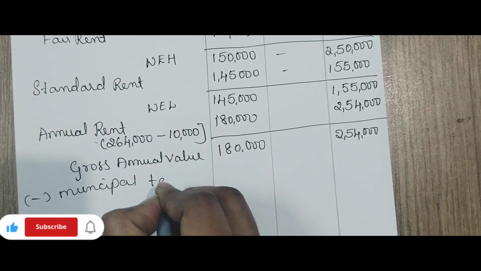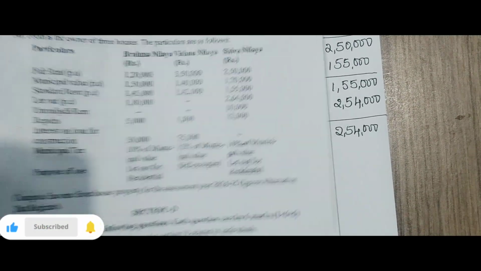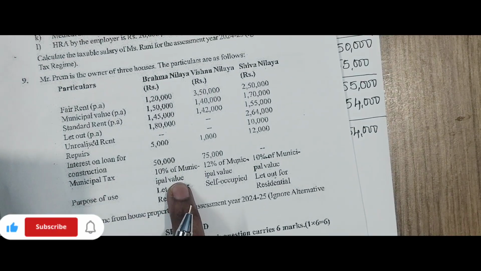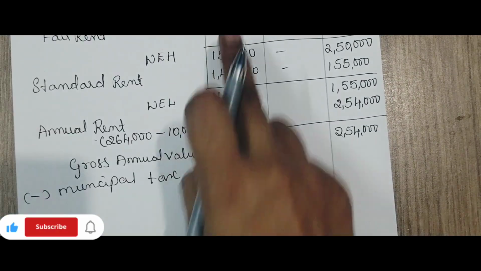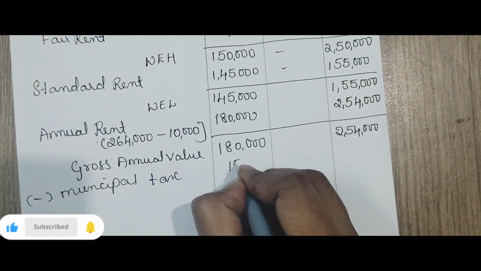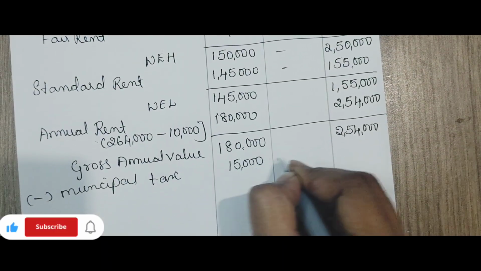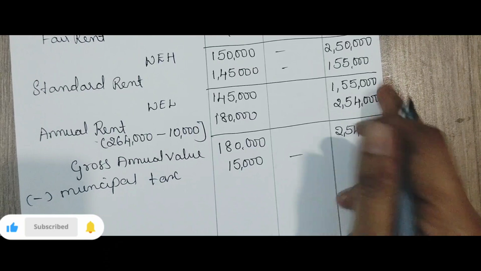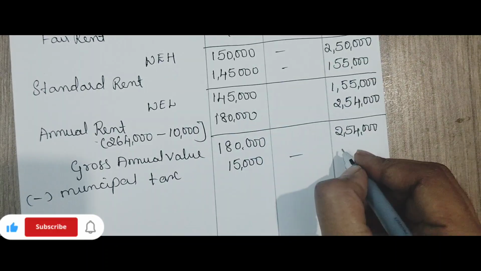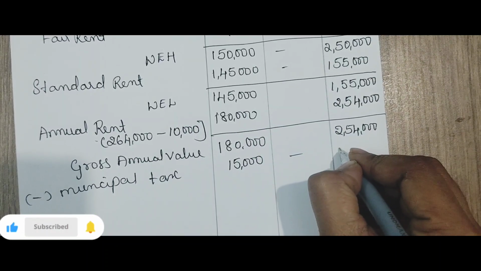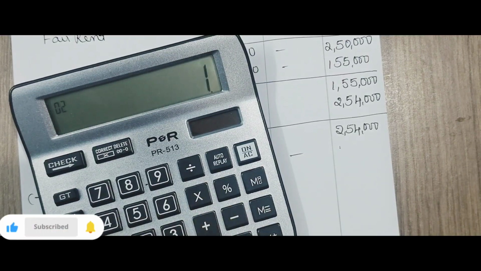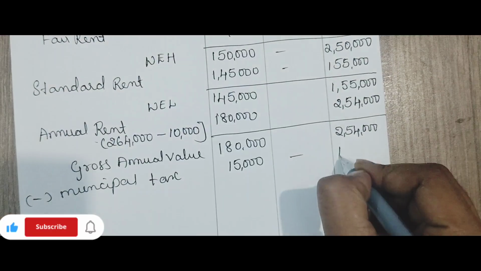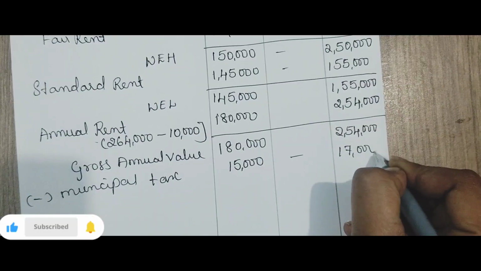Municipal tax. How much is municipal tax? 10% on the municipal value. On 1,50,000, 10% is 15,000. On 1,70,000, 10% is 17,000. Municipal tax is 17,000.